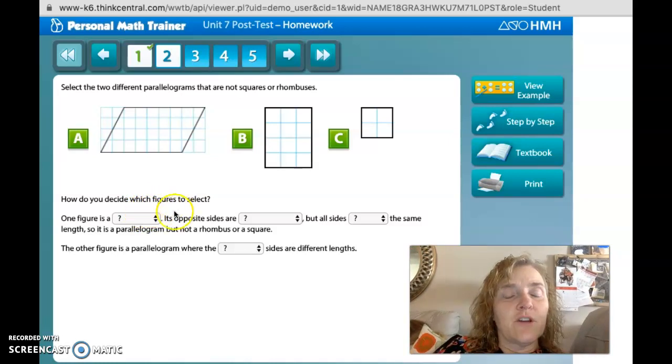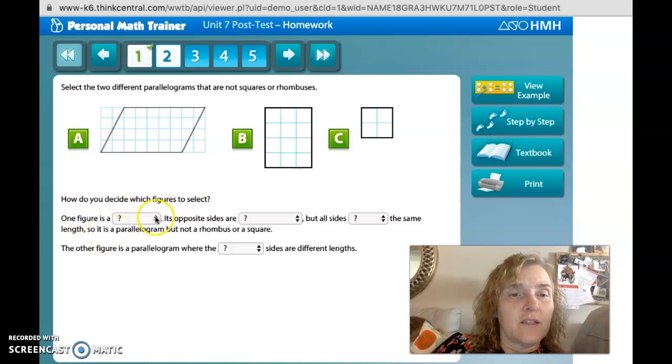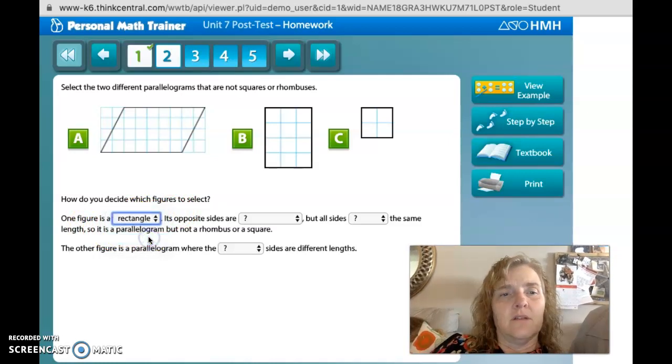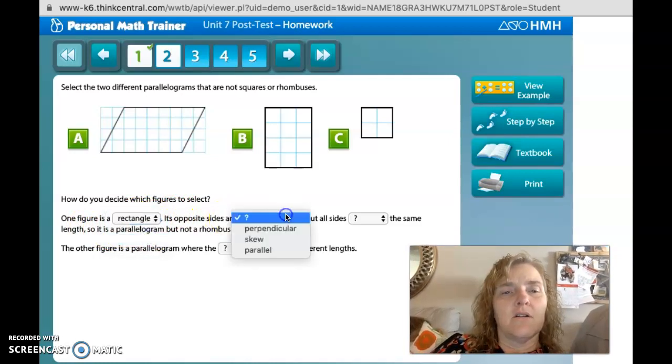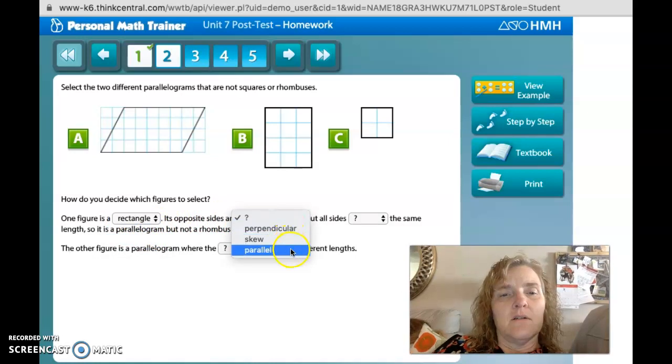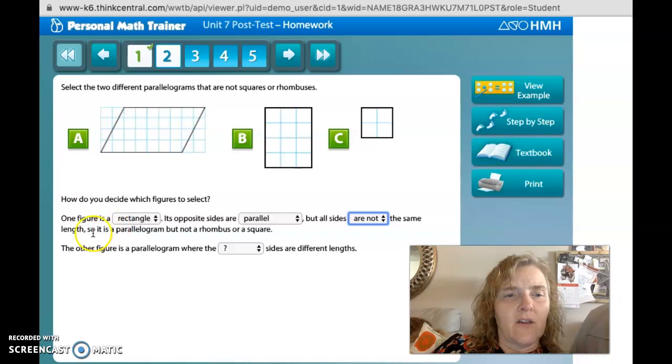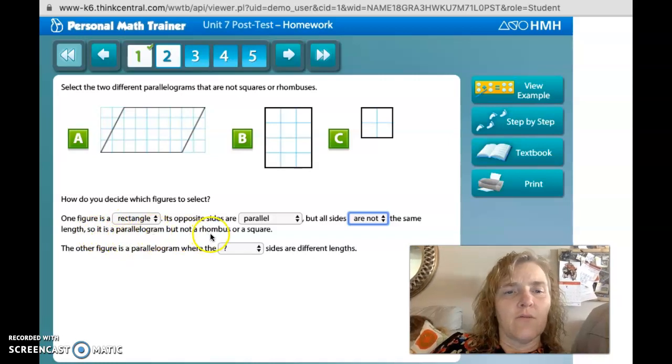How do you decide which figures to select? One figure is a rectangle. Its opposite sides are parallel, but all sides are not the same length, so it is a parallelogram but not a rhombus or a square. The other figure is a parallelogram where the adjacent sides are different lengths.